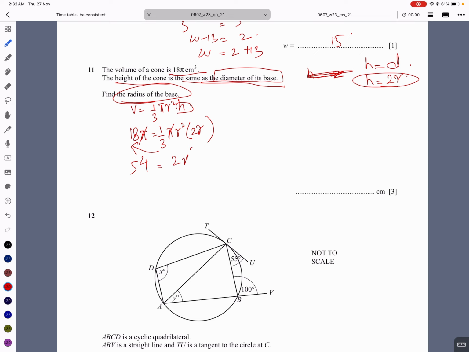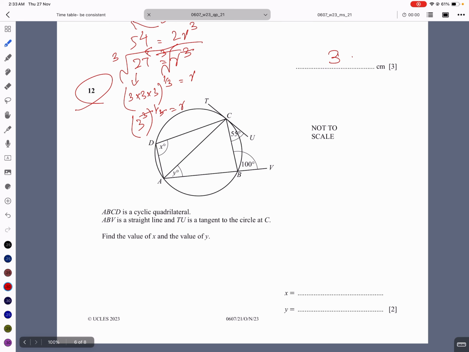You will get 2r cube. 54 divided by 2 is 27. The 2 will go to the other side and divide. Then you take the cube root on both sides. 27, you must have practiced a lot, and from practice you must remember that if I multiply 3 three times, I will get 27. The cube and cube root cancel, and the value of r will be 3.